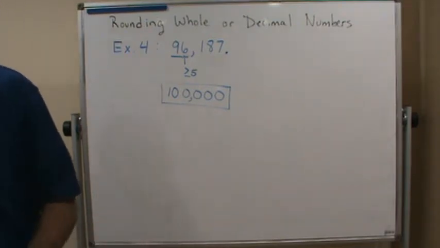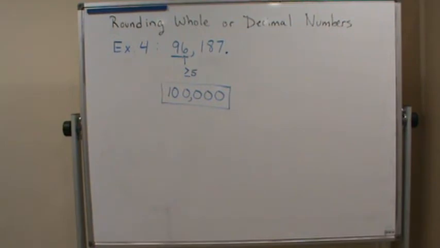Now, let's do an example where there are some decimal points involved. So what if we add some decimal points? How is that going to affect how we round? Well, we're either going to drop them or we don't. It just depends.